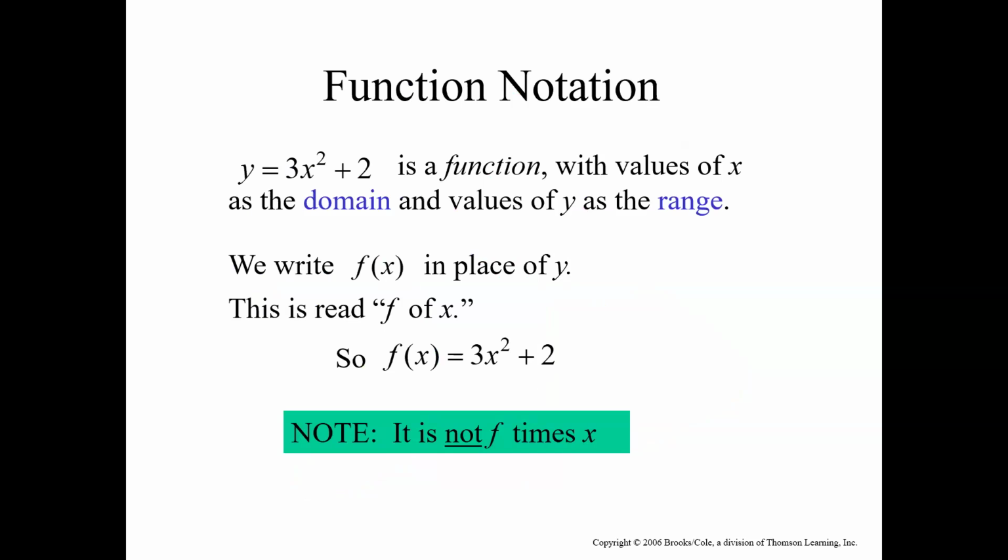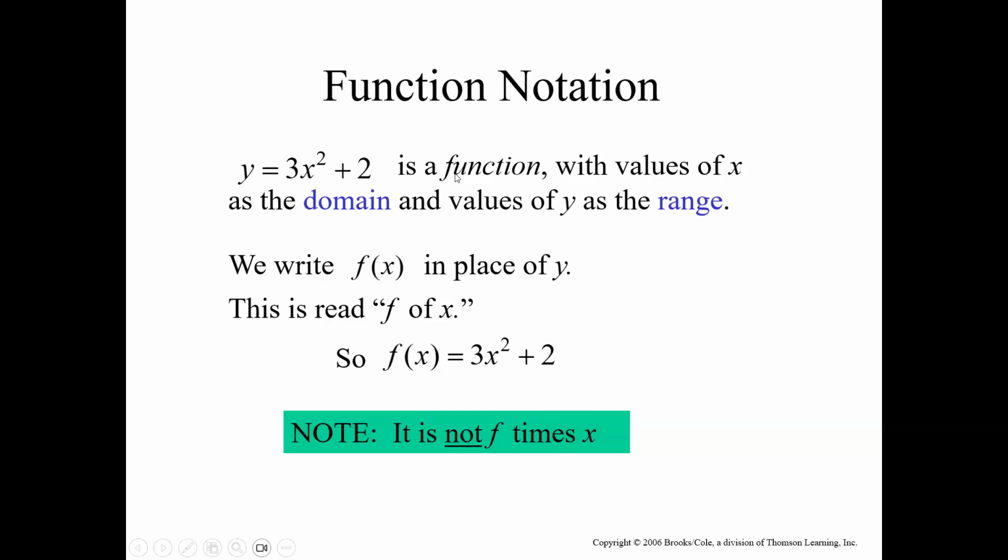Okay. Now, if it is written in the form of an equation, then we should be familiar with the notation. If we say that y is equal to 3x plus 2, if we claim that this is a function, then the values of x will be our domain, and the values of y will be our range.